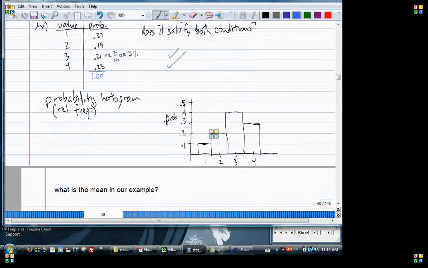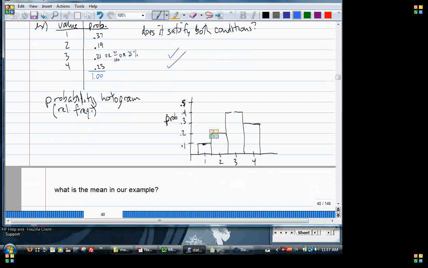But is that the right thing to do? It is not. Because if you just add them up and divide by 4, what you're basically saying is that each of them happens with equal likelihood, as if you were rolling a die. But is that what this chart tells us? No. So the question is, how do we adjust our calculation of the mean in order to represent that fact?